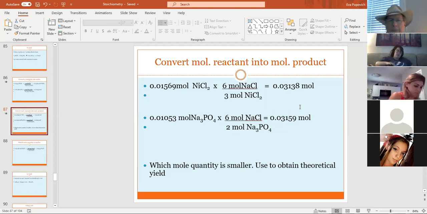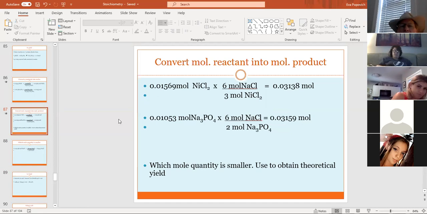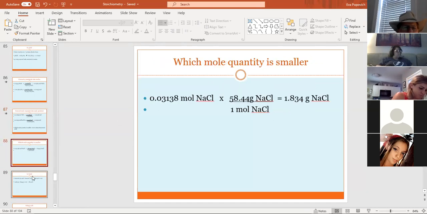The nickel chloride. Okay, so if the nickel chloride is limiting, will there be some sodium phosphate left? Yes, there will be some sodium phosphate left.